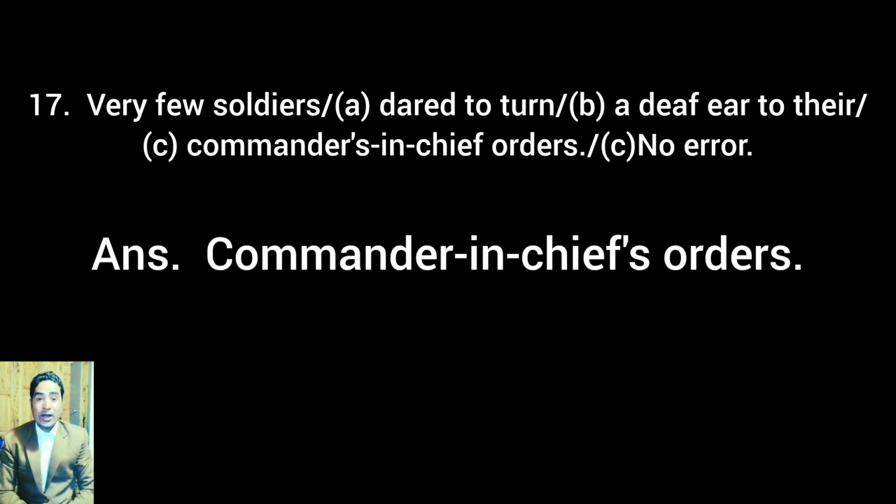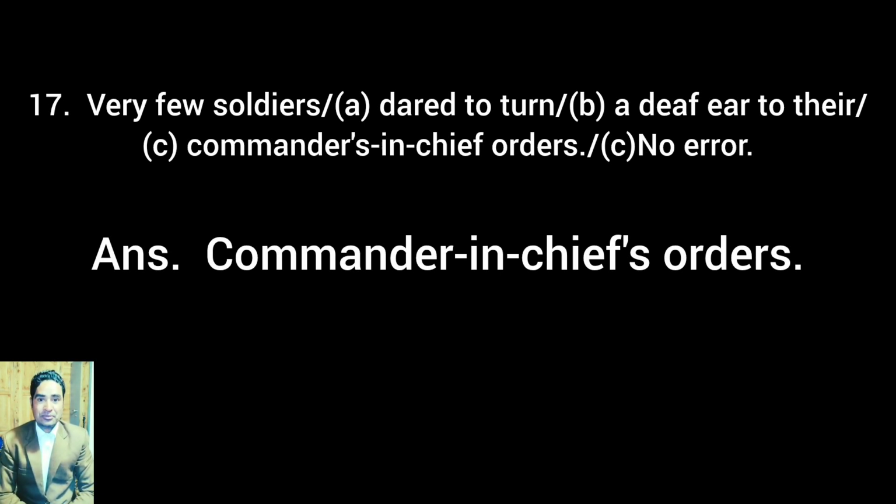But why? When you want to show possession with a compound noun, you use apostrophe s at the end of the compound noun. But when you want to make its plural, s or es is used at the end of the main noun.